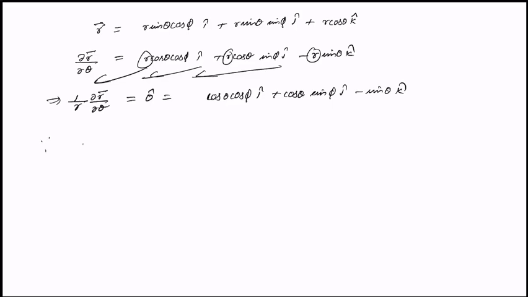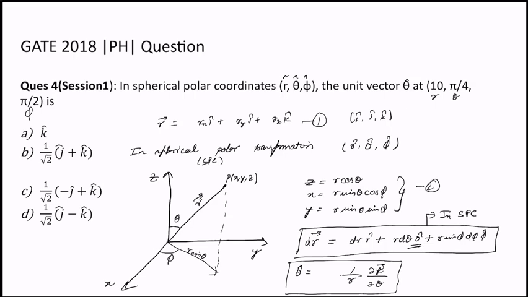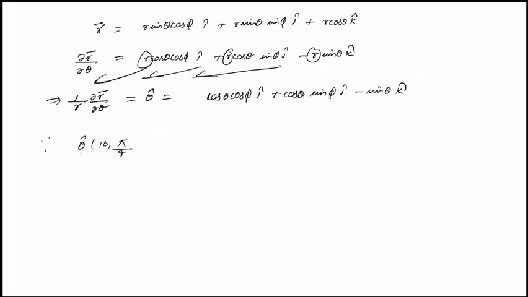So you have to find theta cap at the value 10, pi by 4, pi by 2. So you just put the value of theta and phi into this equation. So you will get cos of pi by 4 cos of pi by 2 i cap plus cos of pi by 4 sine of pi by 2 j cap minus sine pi by 4 k cap.